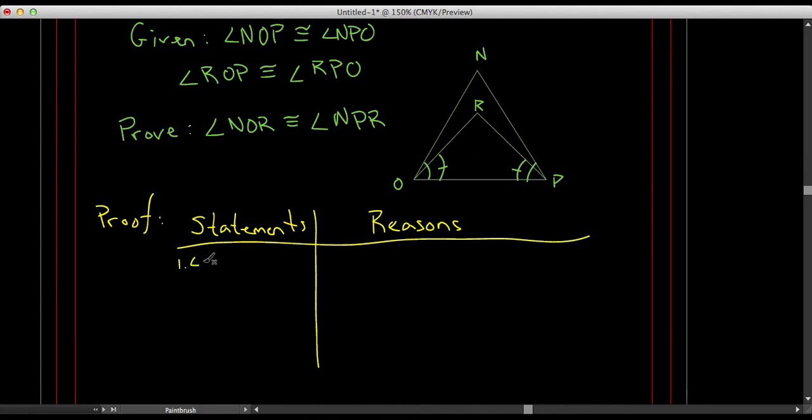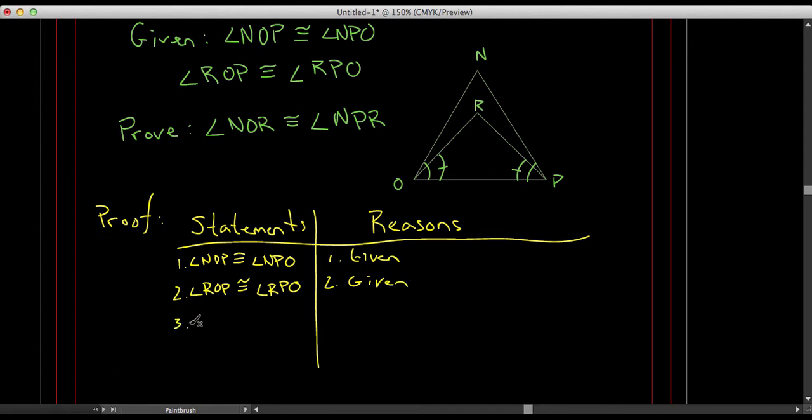So we'll put down our given information that NOP is congruent to NPO, and that angle ROP is congruent to angle RPO. So this is given, and this is given. Okay.